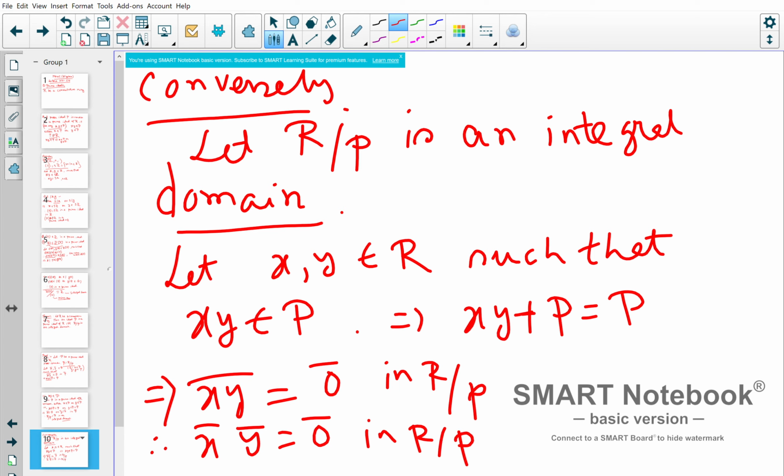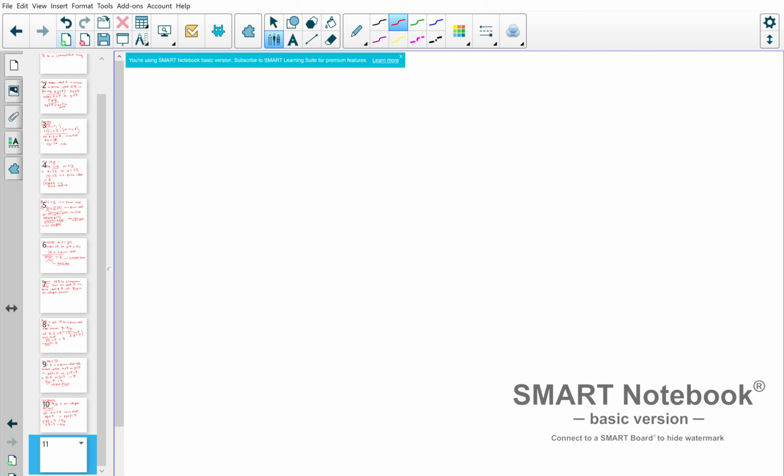But R mod p is an integral domain, right? So as R mod p is an integral domain, one of those has to be 0 bar.